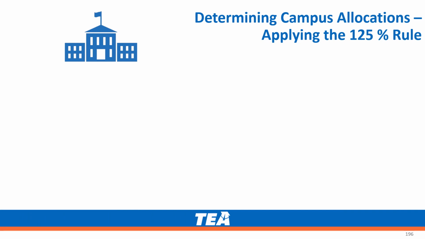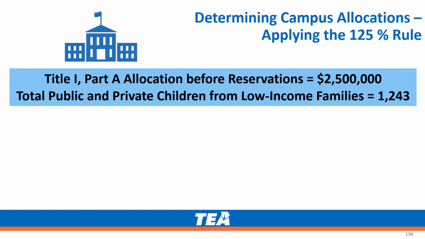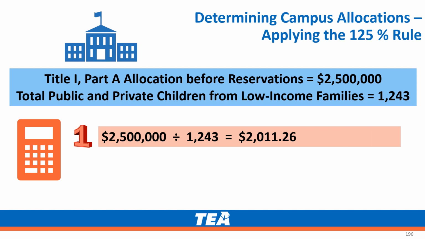In this example, the LEA's total Title I allocation before any reservations is $2.5 million, and the total number of public school and private school low-income children in the LEA is 1,243. Thus, for step 1, we calculate 2.5 million divided by 1,243, which gives us $2,011.26.